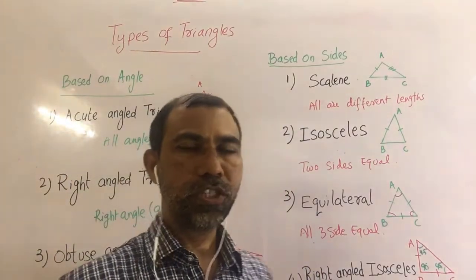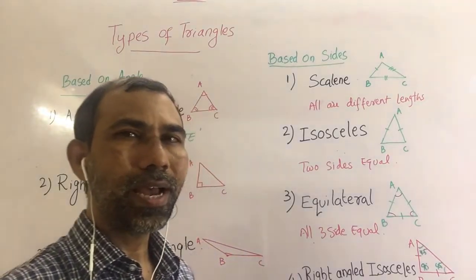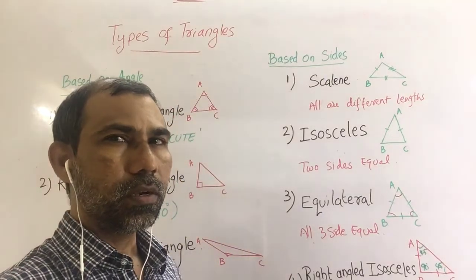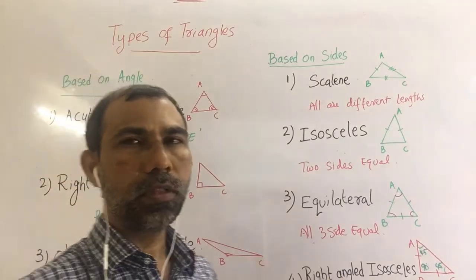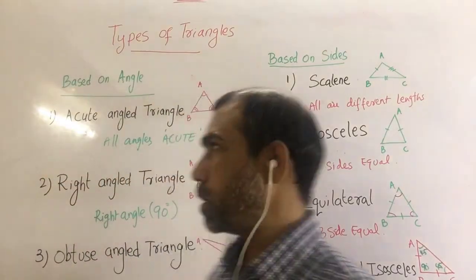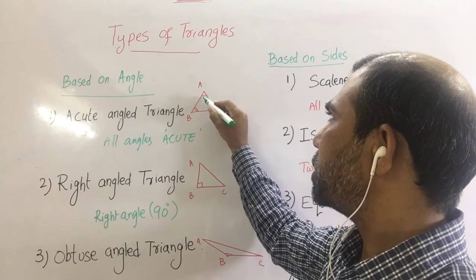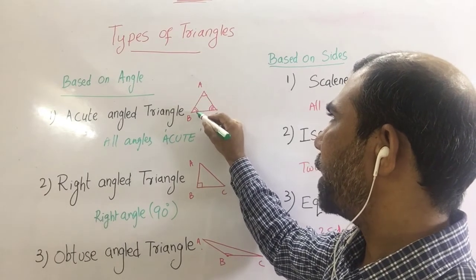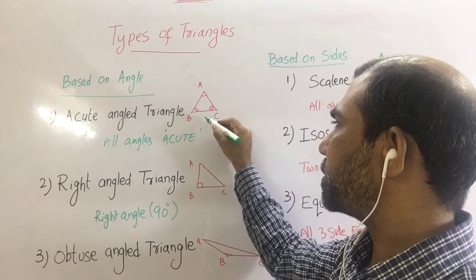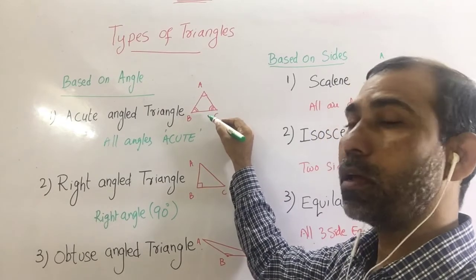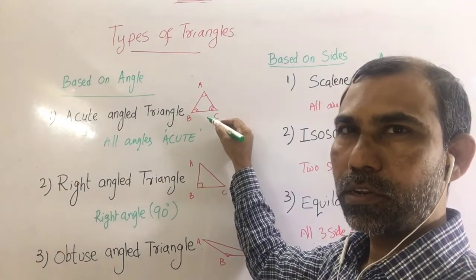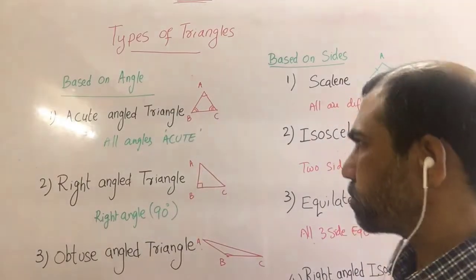Let us see the notation of the different angles and sides while we compare the different triangles. Here you can see one angle, this is an acute angle, this is the second angle, this the third angle. These three angles must be less than 90 degrees, acute.